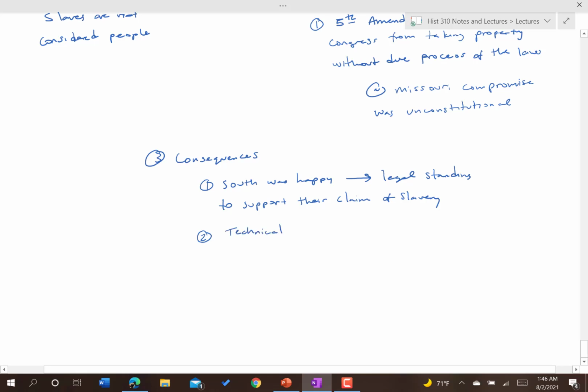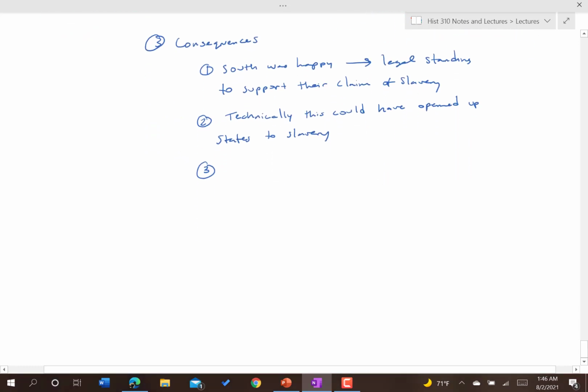Technically, if we hadn't moved into Civil War, this could have opened up states to slavery, right, with an increase in slavery. And then what you also had was Republicans, as I mentioned, threatened to reverse all of this if they won the election.